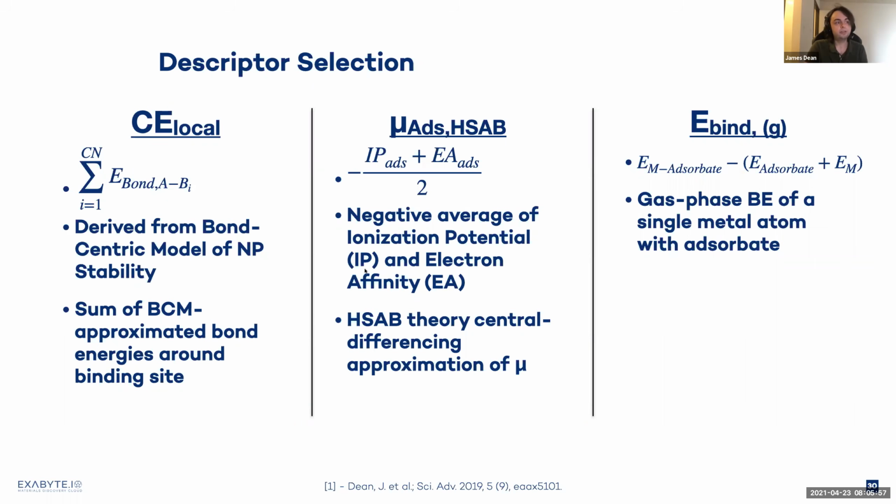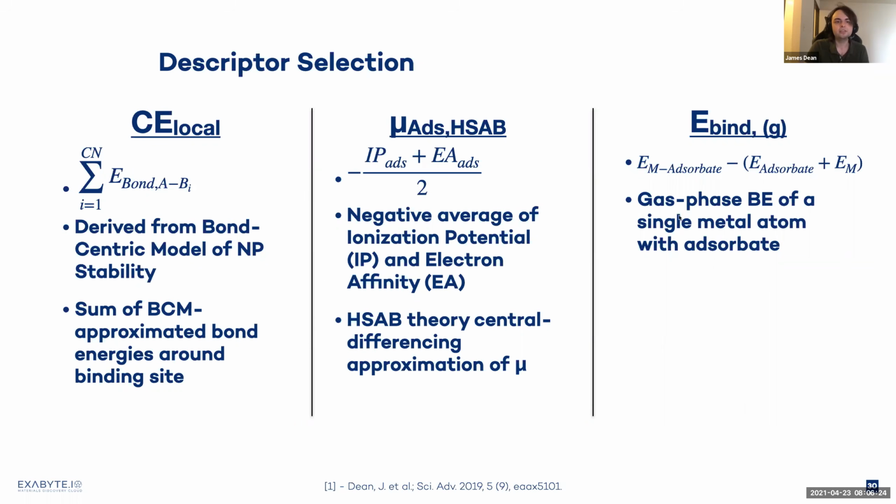Over here is the chemical potential of the adsorbate. In the paper, they call this IPEA because it is the ionization potential and the electron affinity, and it's the negative average of the two. Under HSAB theory, this is actually a central differencing approximation of the chemical potential. And then finally, they have the gas phase binding energy of the adsorbate to a single metal atom in the gas phase.